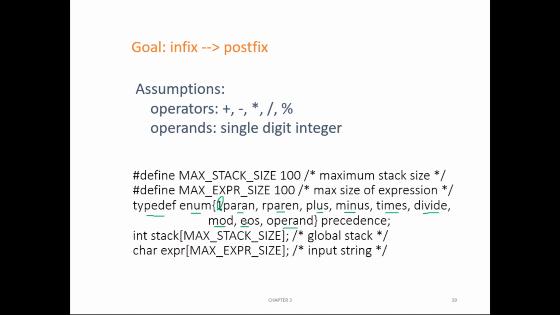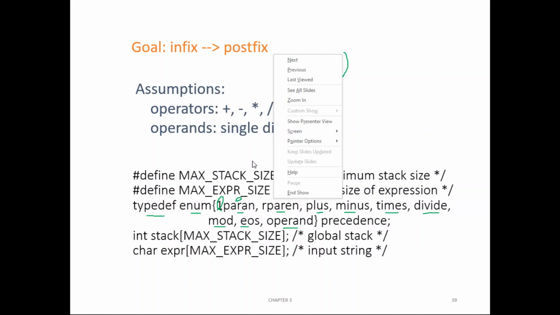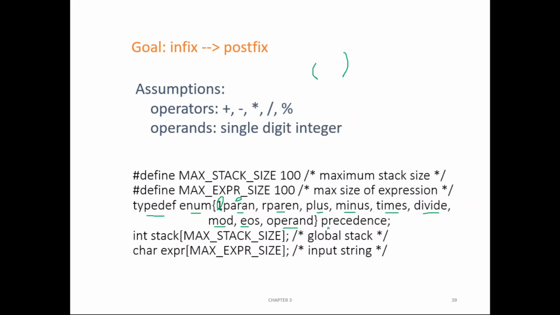Parentheses may be there, that we cannot avoid. So for that we have left parenthesis and right parenthesis. Now left parenthesis has the number 0, right parenthesis has 1, then 2, 3, 4, like that. For this we are creating a user defined data type called precedence. Precedence is the name of the data type.